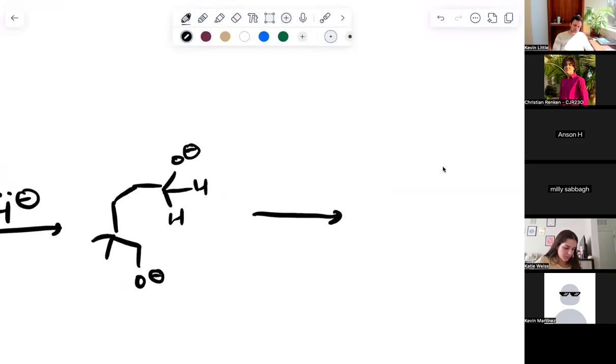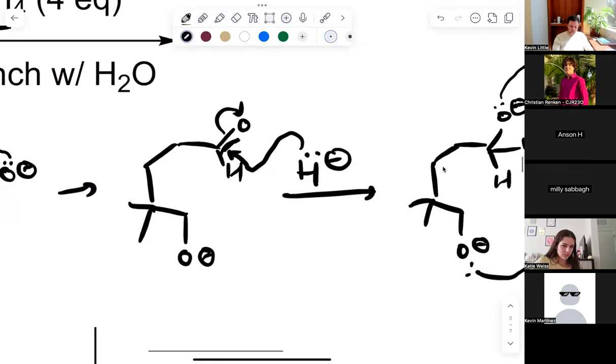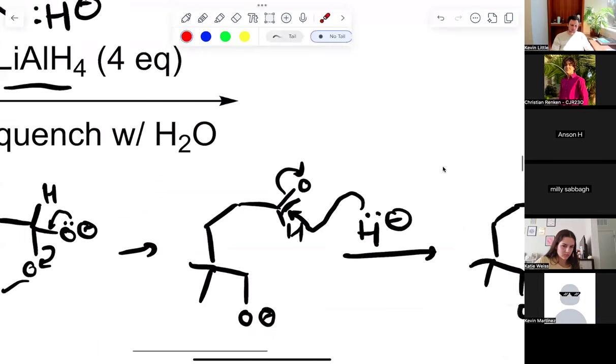So at this point, I'm done using LAH, and so I'll just go and you can show both getting protonated at once. A couple common mistakes here is people protonating this negative oxygen at this step.